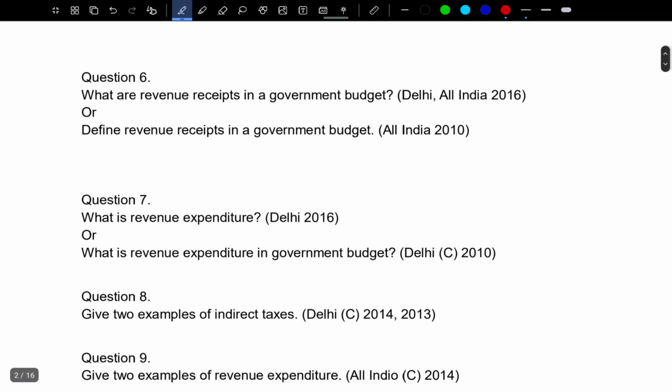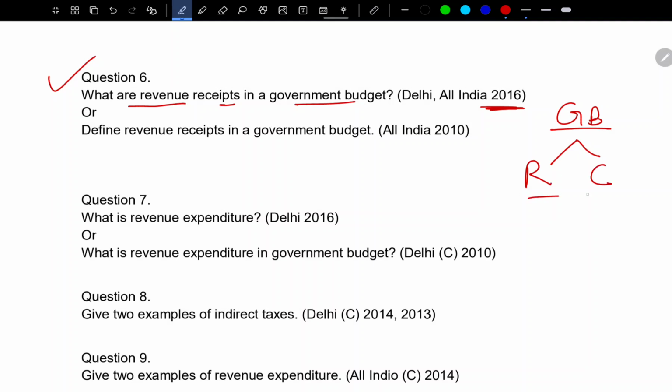Question number 6 is from 2016, and here the examiner is asking, what are the revenue receipts in the government budget? Basically, the government budget consists of revenue receipts and capital receipts.